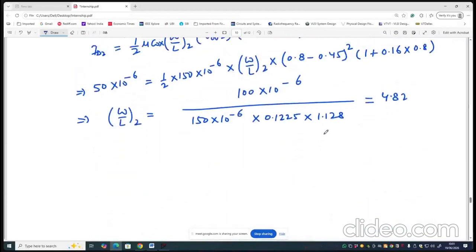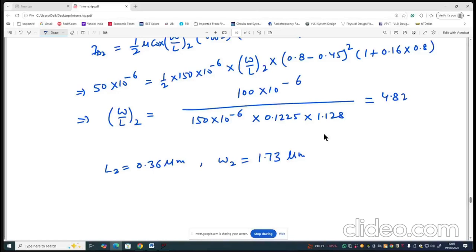Let's go ahead and meet that requirement through simulation. L2 is equal to 0.36 micrometer and W2 is equal to 4.82 into 0.36, so it comes out to be 1.73 micrometer.